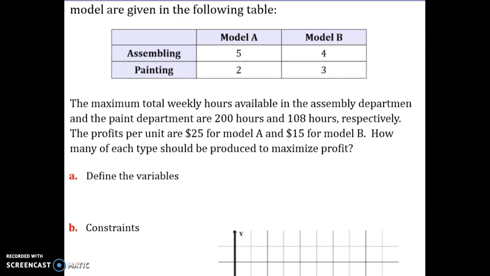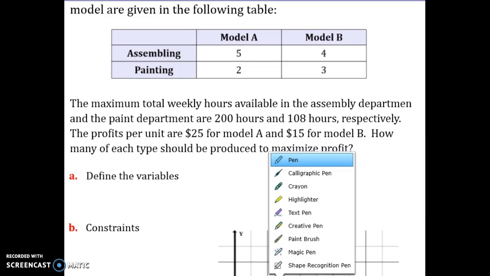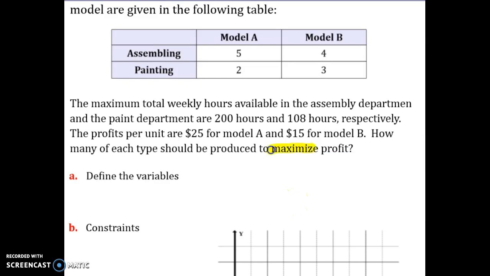So here's what I like to do. I like to look for the word minimize or maximize. So, bam, right here. We are trying to maximize profit. That tells me what we're talking about. Now I need to figure out how exactly I am maximizing the profit.